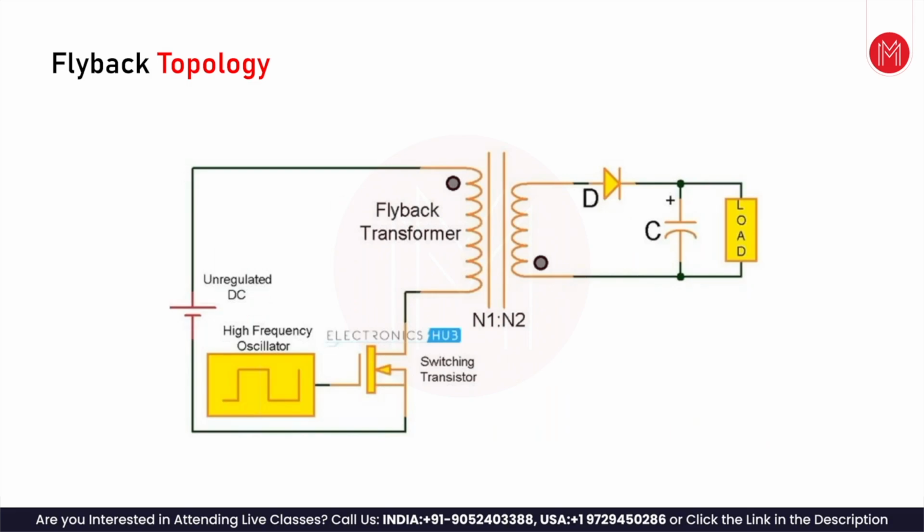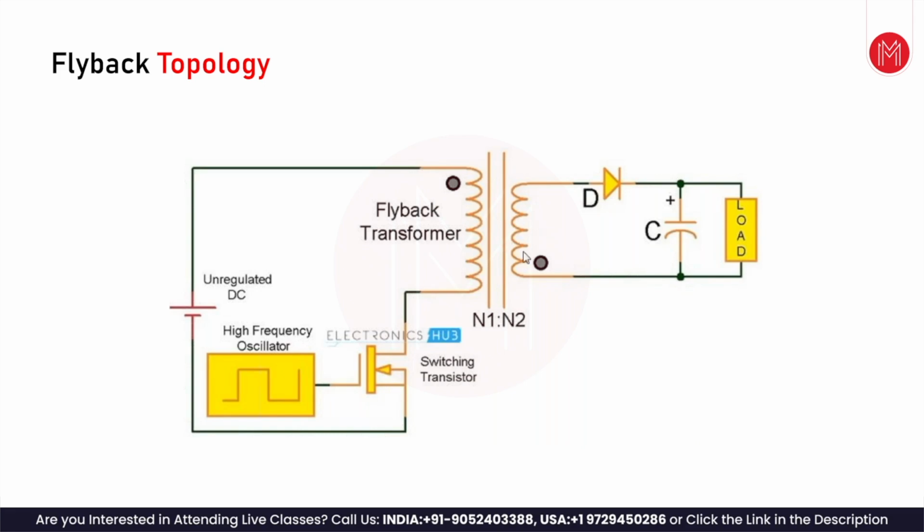Flyback topology is an isolated topology. That means there is a transformer, and typically the transformer in this circuit is called a flyback transformer, because of the fast switching that the transistor does. This coil gets turned on while this is off, and then by the time this coil gets turned off, this one automatically switches on. So this goes on and this is off.